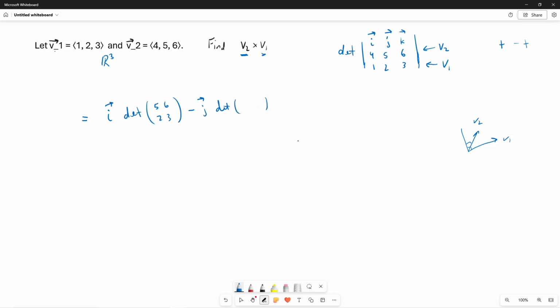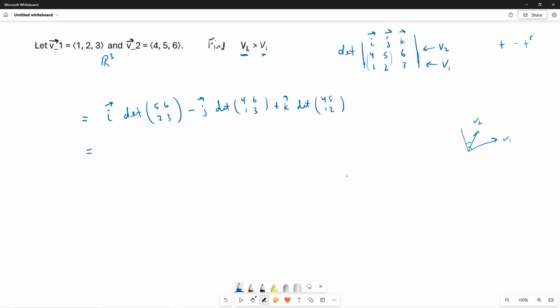Again, you remove the row and the column of j, and that's the matrix 4, 6, 1, 3. And then you do plus k times, again, the determinant of the matrix where you remove the row and column of k. That will give you this little matrix here, 4, 5, 1, 2.